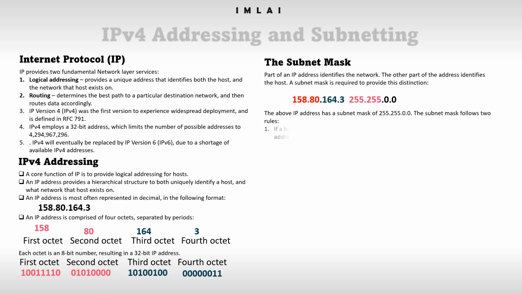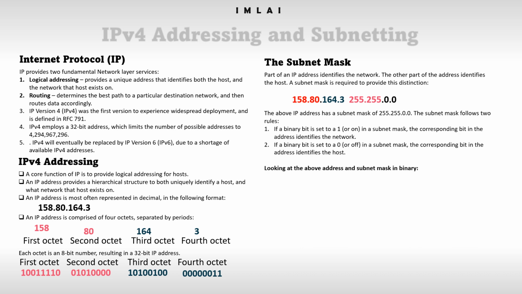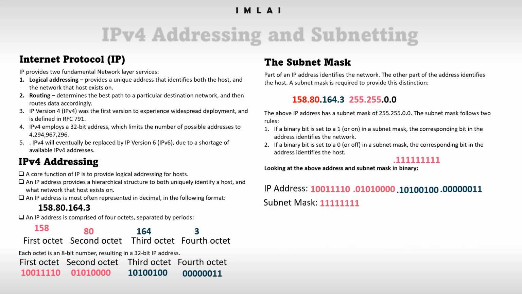Looking at the IP address in binary form, this is how it looks. It has 4 octets, ones and zeros, total 32 bits. Now let's look into the subnet mask: first octet all ones, second octet all ones, third octet all zeros, and fourth octet all zeros.